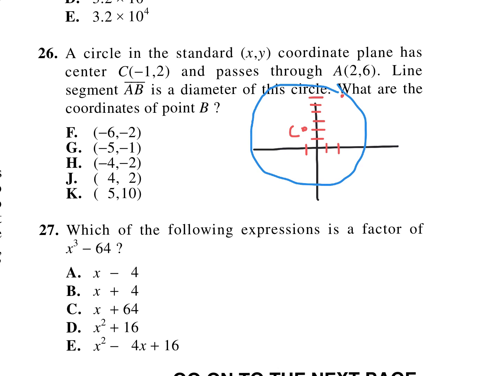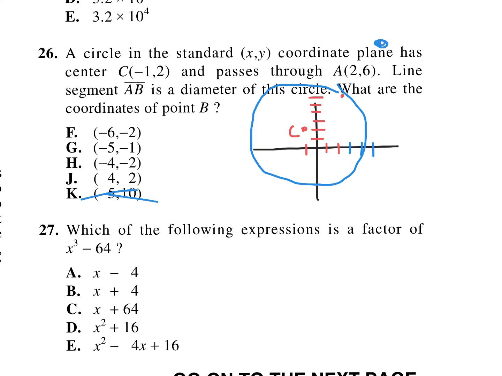Now, what it's asking for is where's this point B? So you start looking and thinking about whether you can at least eliminate some choices. Like this one doesn't make sense. 3, 4, 5 would be over here. 10 would be way up here.